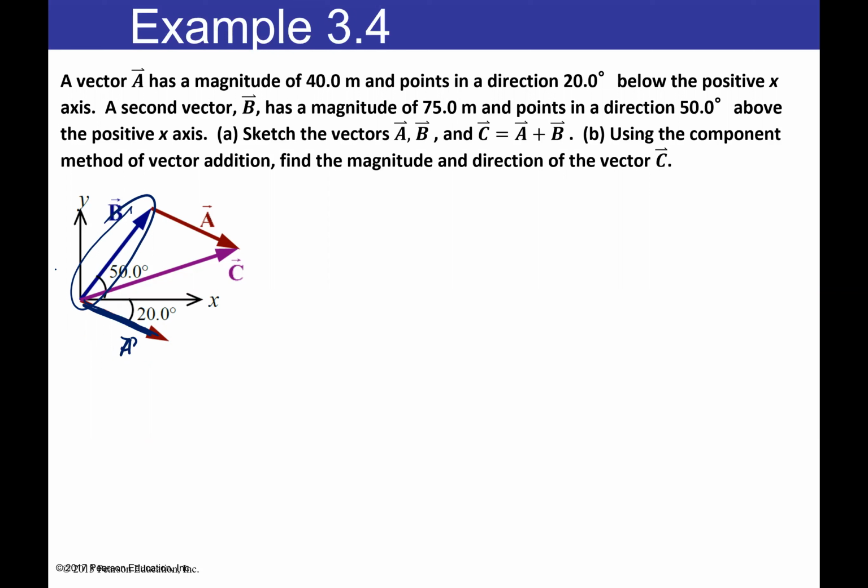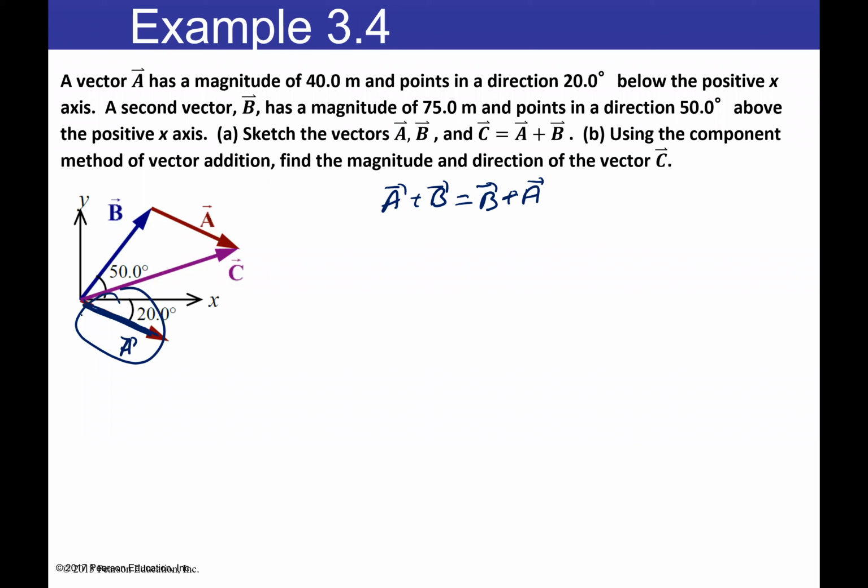So we're going to sketch A and B. So let's say those are A and B. And then we're going to do the sum of A and B, A plus B, which means that I can use tip to tail. By the way, let me tell you this. If I'm doing A plus B, which moves the tail of B to the tip of A, I can also go the other way around to do B plus A, where I keep B in the same place, and I move A, where the tail of A is connected to the tip of B. Same thing. You're going to get exactly the same thing.